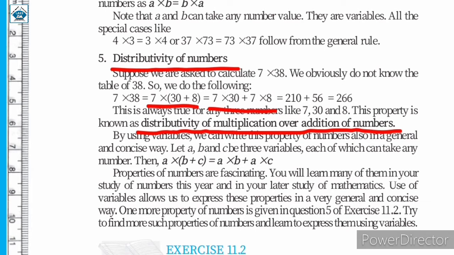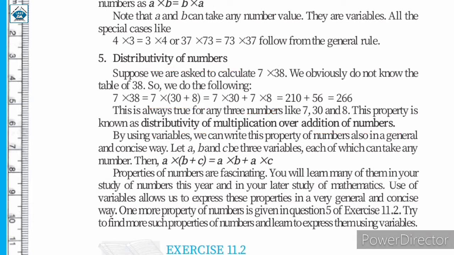So here also we are going to use variables. So by using variables, we can write this property of numbers also in a general and concise way, just like the previous arithmetic rules. So here we are going to take three variables A, B and C, and this can be taken as any number if we want.